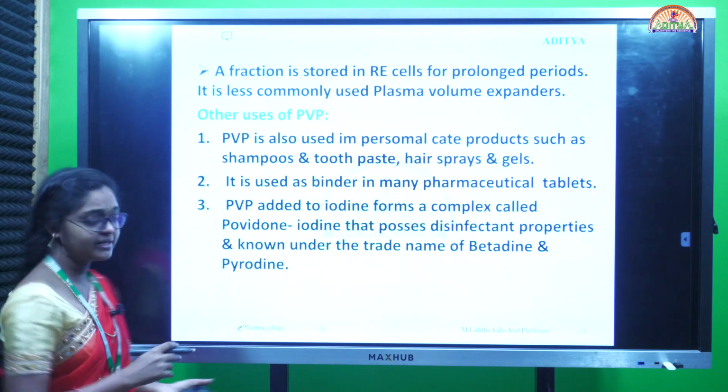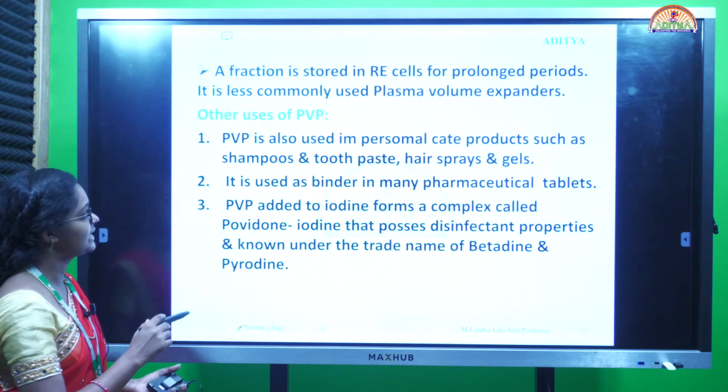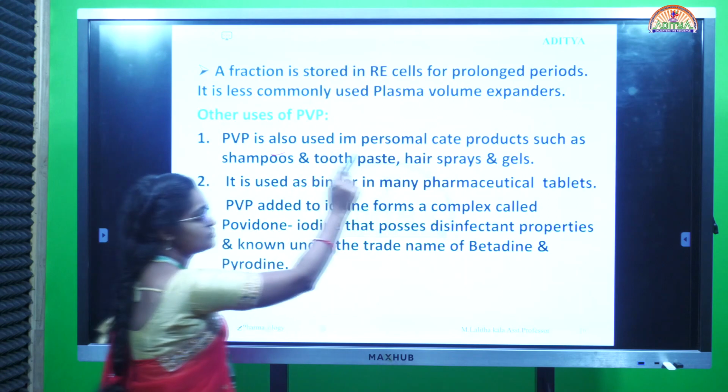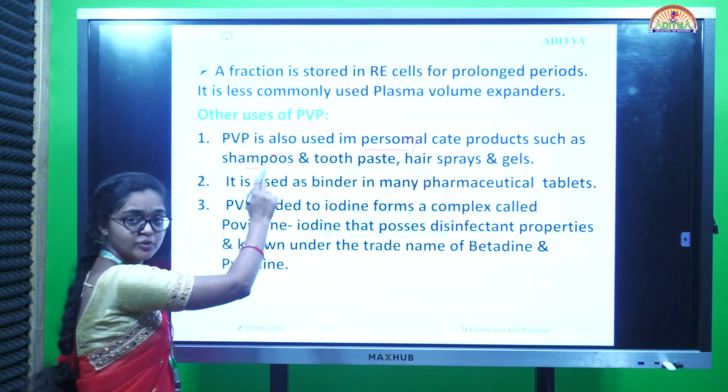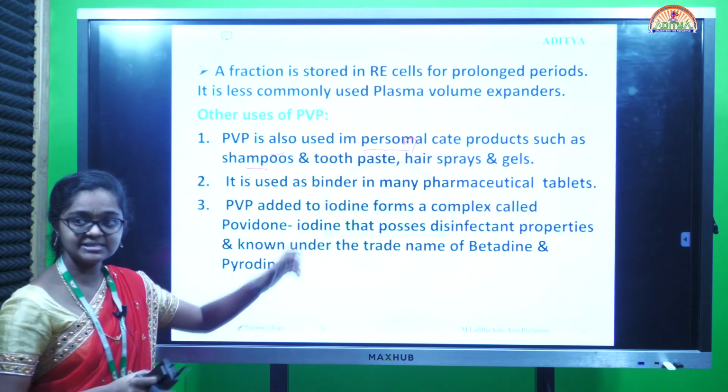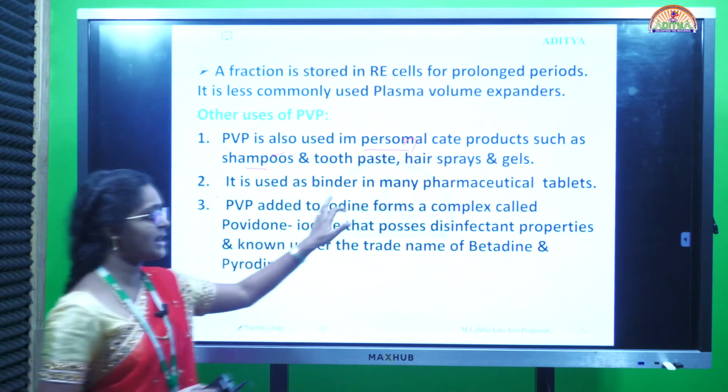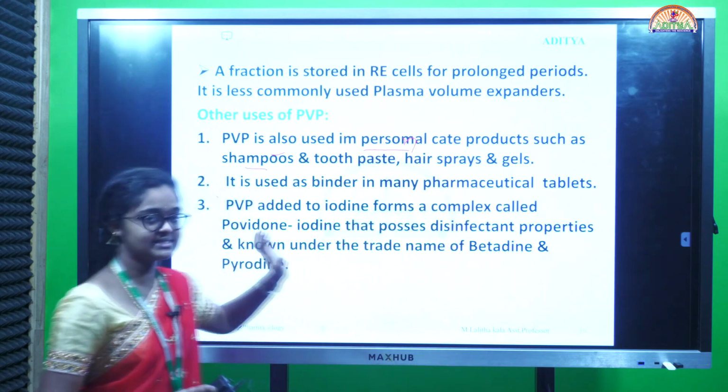Next, other uses of PVP, polyvinyl pyrrolidone. It is used in personal care products such as shampoos, toothpaste, hairsprays and gels. It is used as a binder in many pharmaceutical tablets.